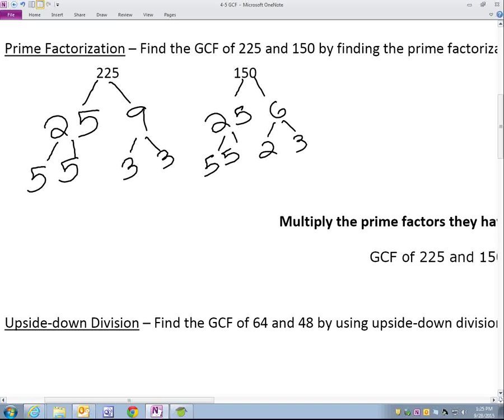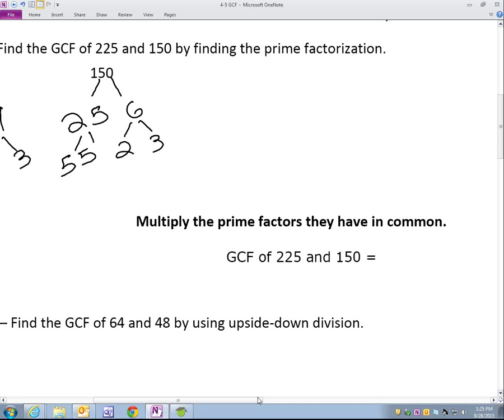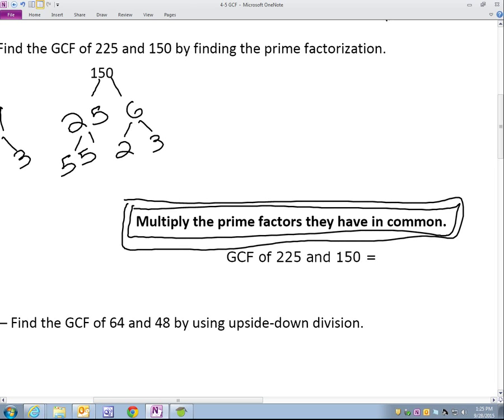Now, here's the way that you have to find out. It says multiply the prime factors that they have in common. Make sure that you highlight this by circling it or something. So I'm going to list these next to each other: 225, 150.